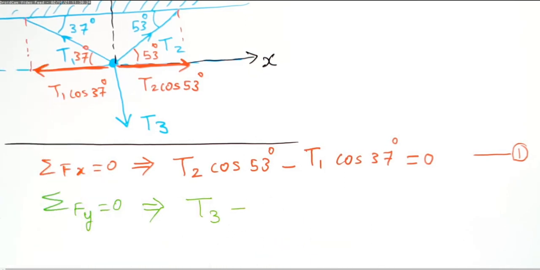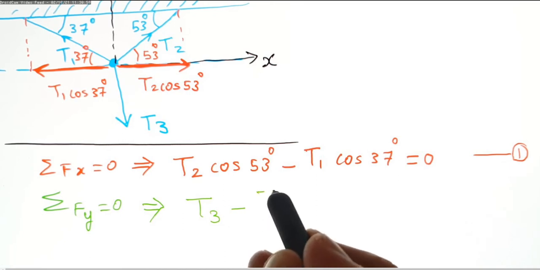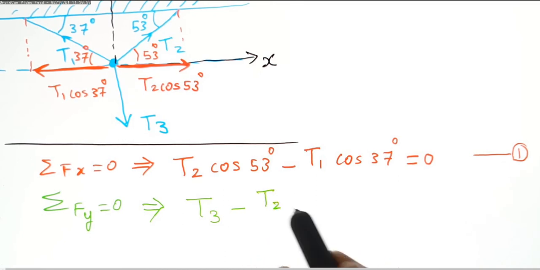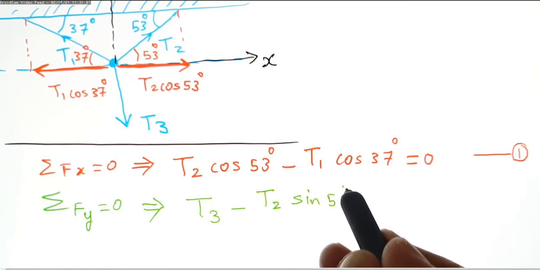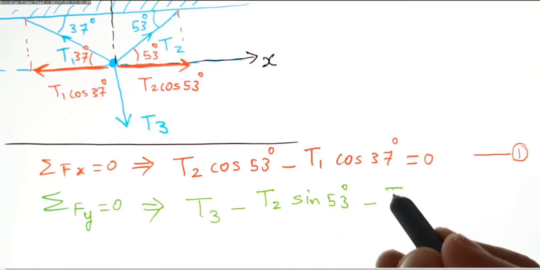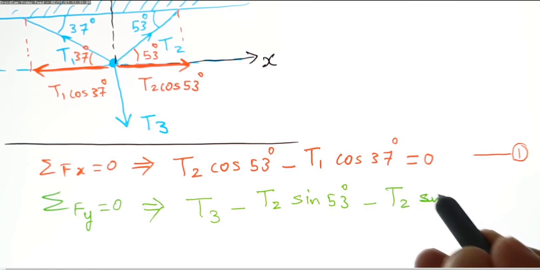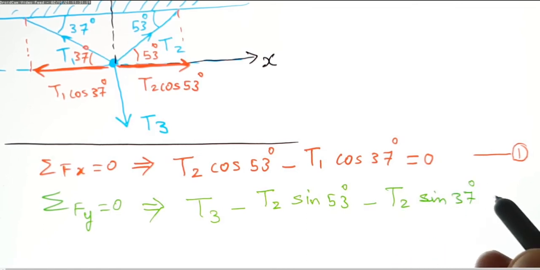So here I assume downward positive. According to my method of naming the equation, I will assume downward is positive, upward is negative. So T3 minus T2 sine 53, and we have minus T2 sine 37 is equal to 0.